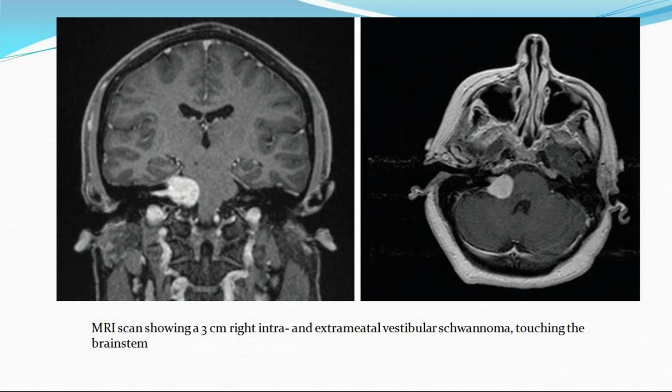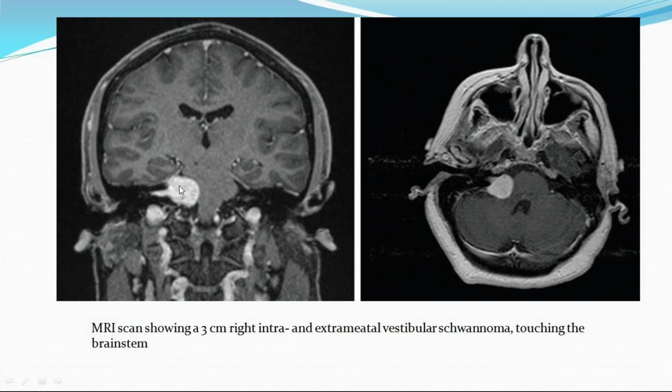As I told you, it's a very slow growing tumor. So the intrameatal part slowly comes into the intracranial part, because here there is no space, and the tumor grows where the resistance is less and more space is available. Then it comes into the pontine cistern, which is comparatively spacious and devoid of any vital structures.